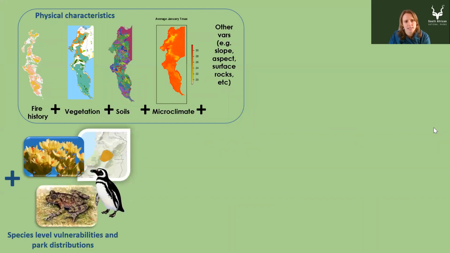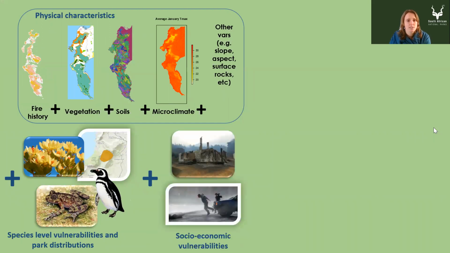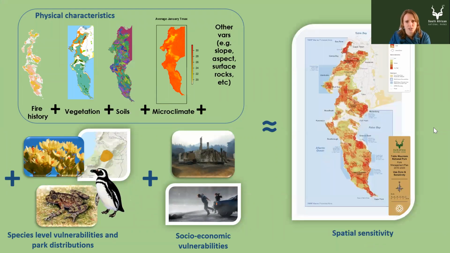We're also interested in, as I mentioned, species level vulnerabilities and where these vulnerable species occur in space and in relation to those physical spaces on the peninsula. Finally, we were interested in socioeconomic vulnerabilities like impacts on tourism and infrastructure, and we hope to combine all of this information to produce a climate sensitivity layer that can be used in park planning.